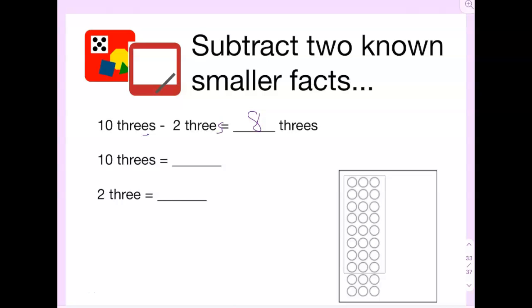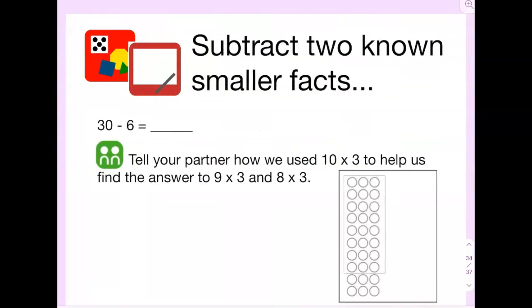All 10 threes are equal to 30. 2 threes are equal to 6. So now we can do 30 minus 6 is how many? 24.